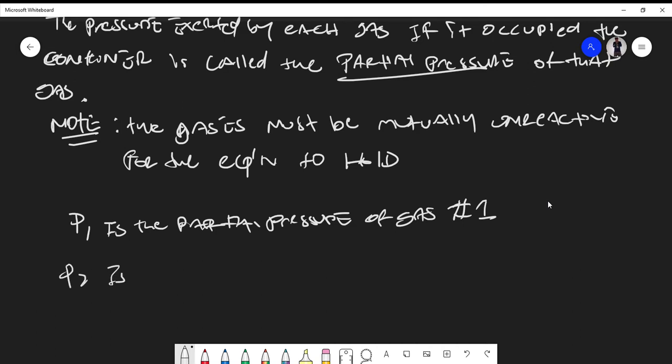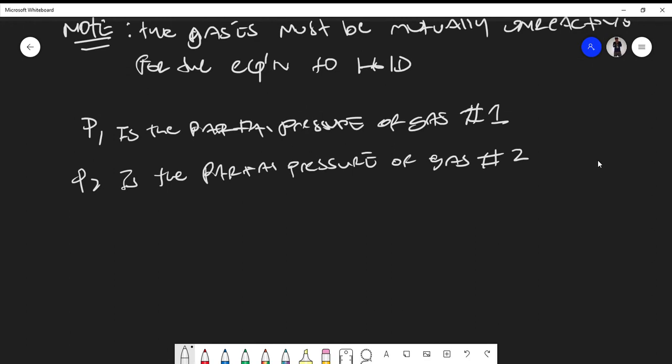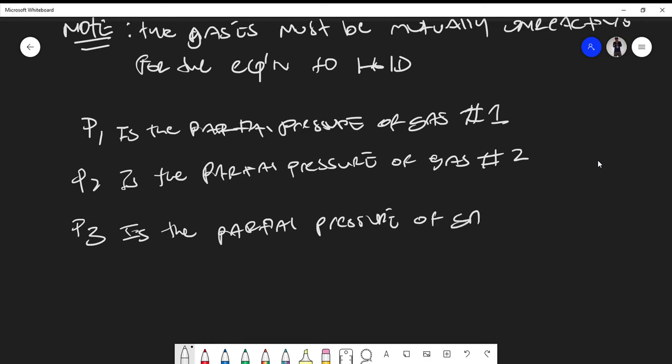P2 is the partial pressure of gas number 2. We're slowly easing into our physical chemistry at this point. And lastly, P3 is the partial pressure of gas number 3.